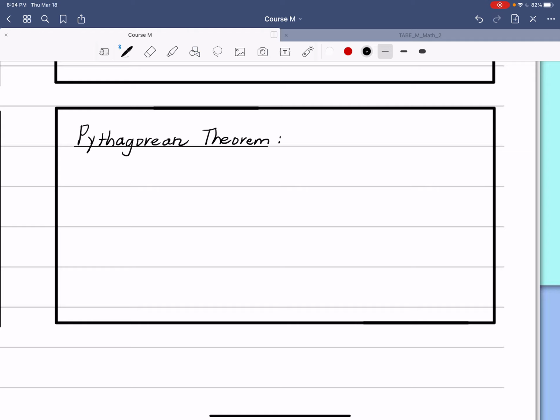But the Pythagorean Theorem is a formula used to find a missing side in a right triangle.